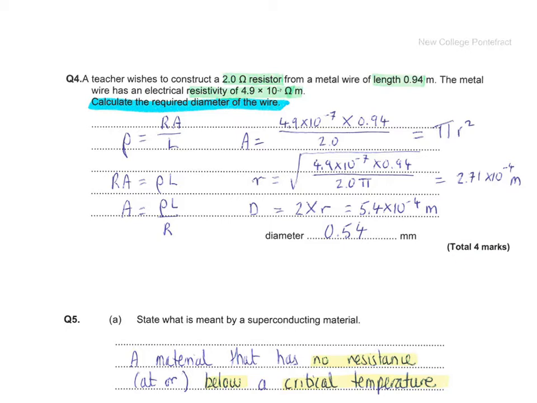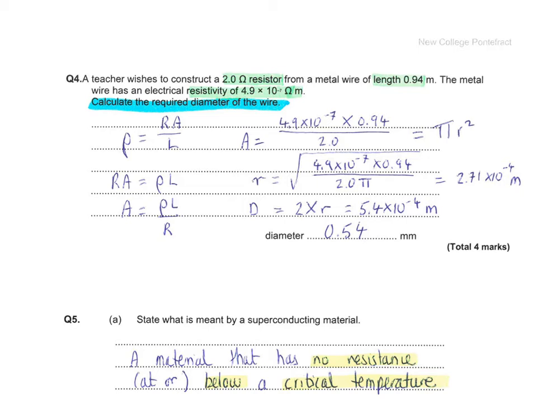However, if you were to make a mistake, it's possible to pick up marks along the way. On the mark scheme, there was a mark awarded for this substitution. Secondly, there was a mark awarded for a value for the area calculated using this, which was 2.30 times 10 to the minus 7.